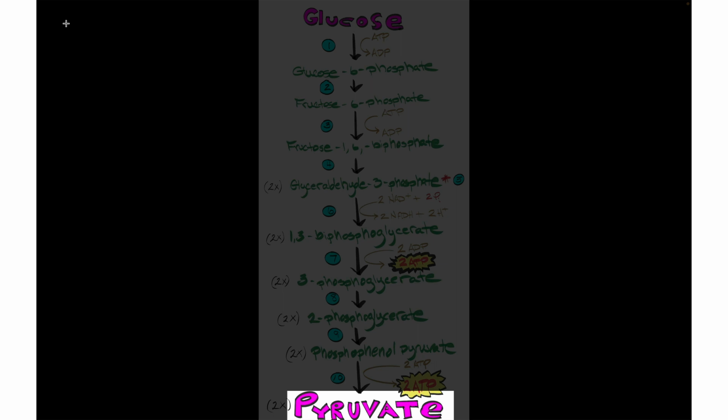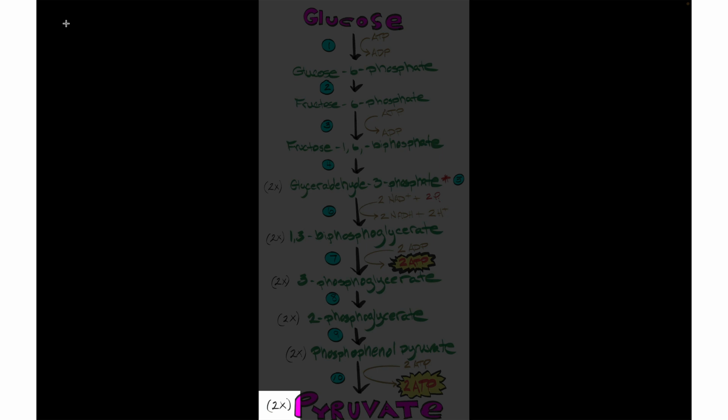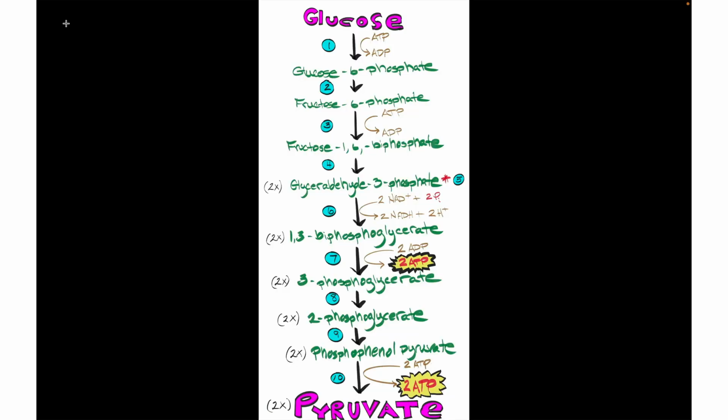Pyruvate is a 3-carbon molecule. Glucose is a 6-carbon molecule. So there are 2 pyruvate molecules produced via glycolysis, 2 3-carbon molecules of pyruvate, total 6 carbons, and those were the 6 carbons from the original glucose molecule.